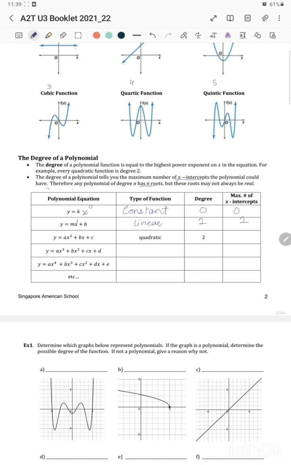Okay, the degree of the function is 2. It is quadratic and the maximum number of x-intercepts would be 2. Degree of the function is 3. It is called cubic and maximum number of x-intercepts would be 3. Degree of the function is 4. It is called quartic.